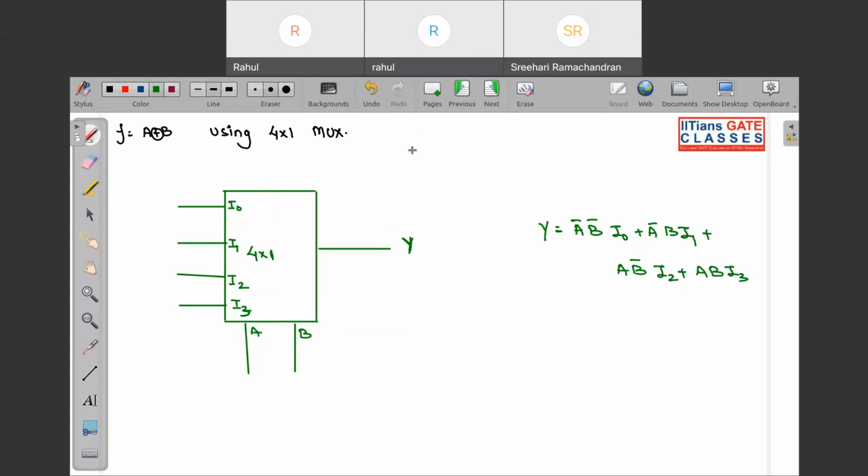Now, what I require is A XOR B, that is A complement B plus AB complement. So if I put I naught equal to 0, I3 equal to 0 and I1, I2 as 1, then I will get A XOR B.